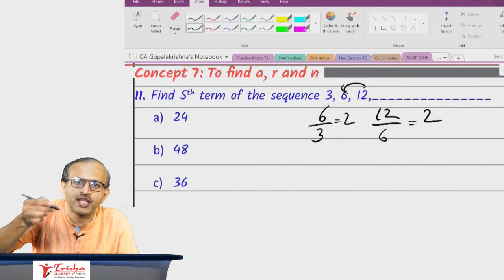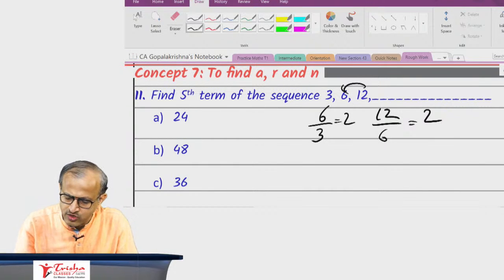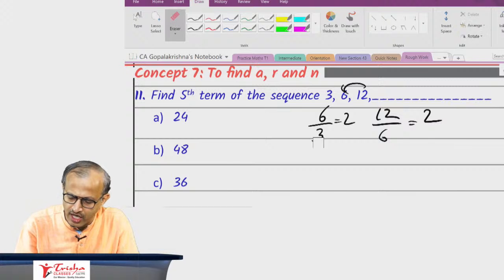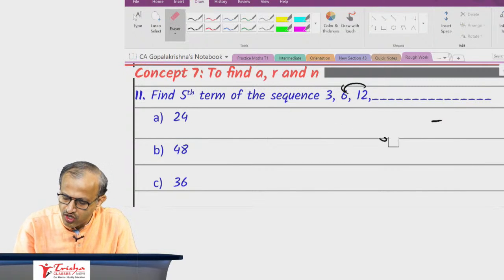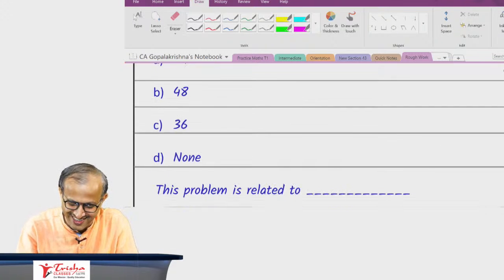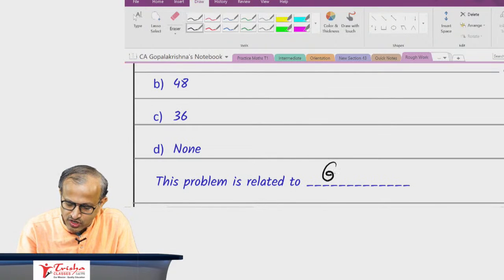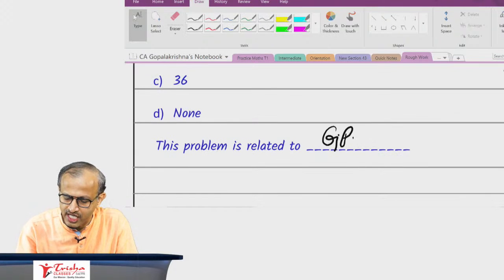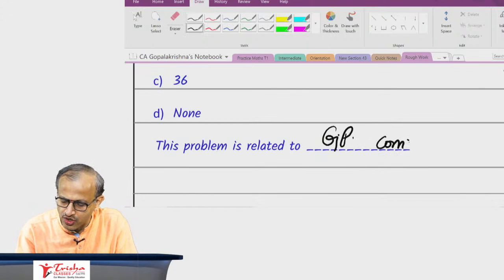Ratio is the same. There is a common ratio. Is it AP, GP, HP? I will not tell. You only should tell. Since we are discussing GP, it is GP. So this problem is related to GP because there is a common ratio.